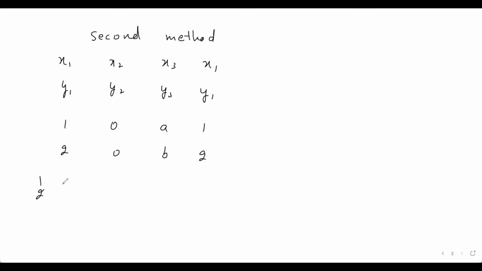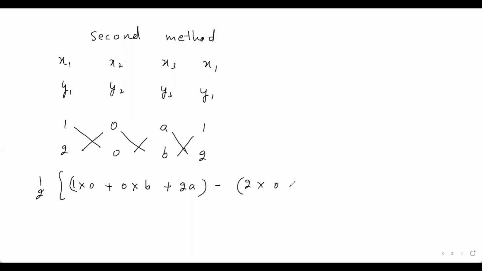Now half, multiply this, this, and this, and add them. 1 into 0 plus 0 into b plus 2a, put it in the bracket, then write minus. Now multiply this, this, and this, and add them. It will be 2 into 0 plus a into 0 plus 1 into b.